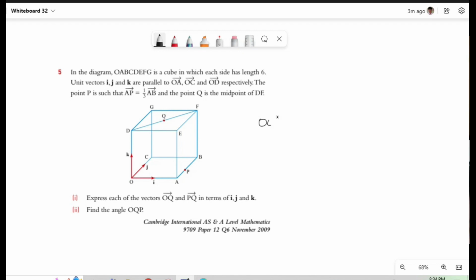Okay, so we've got vector OQ equals vector OD plus vector DQ. And we know OD is k and DQ is half of DF. Could you see that? DF is twice DQ.